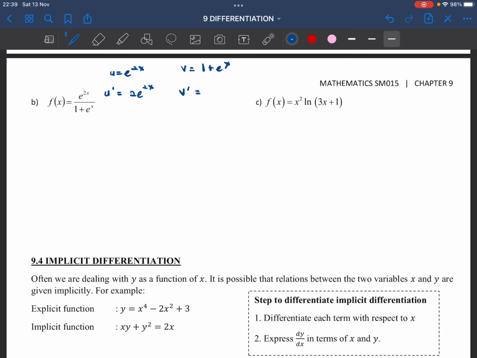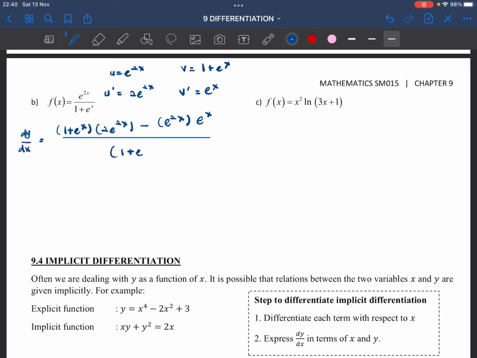Okay, so now we are going to just sub into the formula for quotient rule. We have (1 plus e^x) v u prime minus u v prime over v square. Alright, so now here we are just going to simplify this.